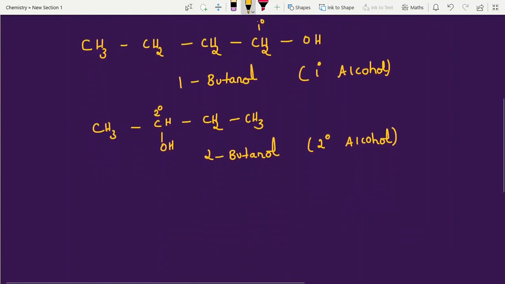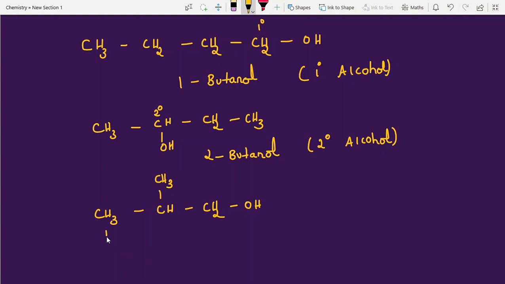Third one. What is the third one? Look into this. CH3, just write the chain. Isopropyl: iso is exactly an L shape, at the second carbon it goes in an inverted L shape. So what is this? CH2OH, right? This is one alcohol. Numbering 1, 2, 3, because the functional group should get the least number.